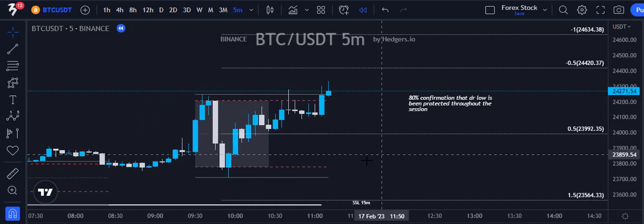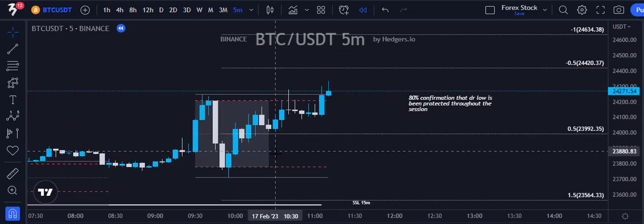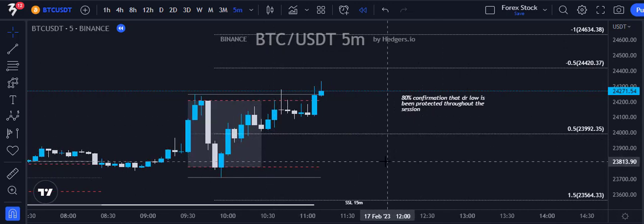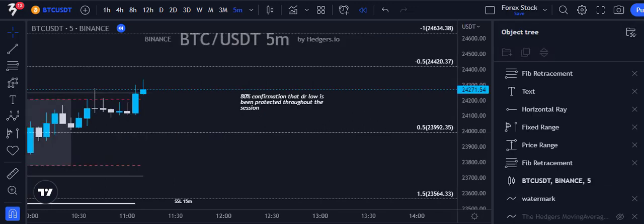Now I need to find more confluences such as fair value gaps. If you are really bad at marking the fair value gaps, you can use an indicator.